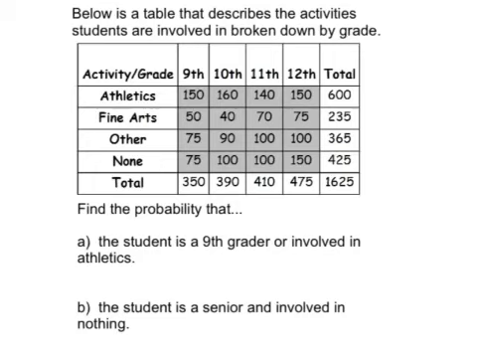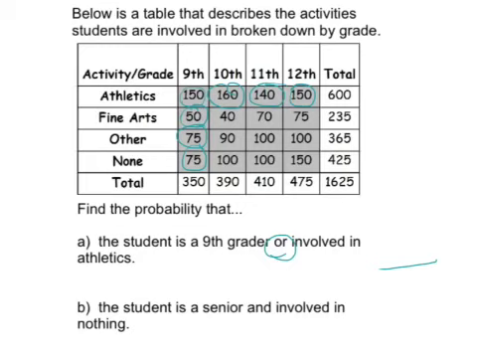Question A asks for the probability that a student is a 9th grader or involved in athletics. Again, it says or. I'm going to circle anyone who's a 9th grader and anyone who's involved in athletics, and those are the students that I'm going to add together.